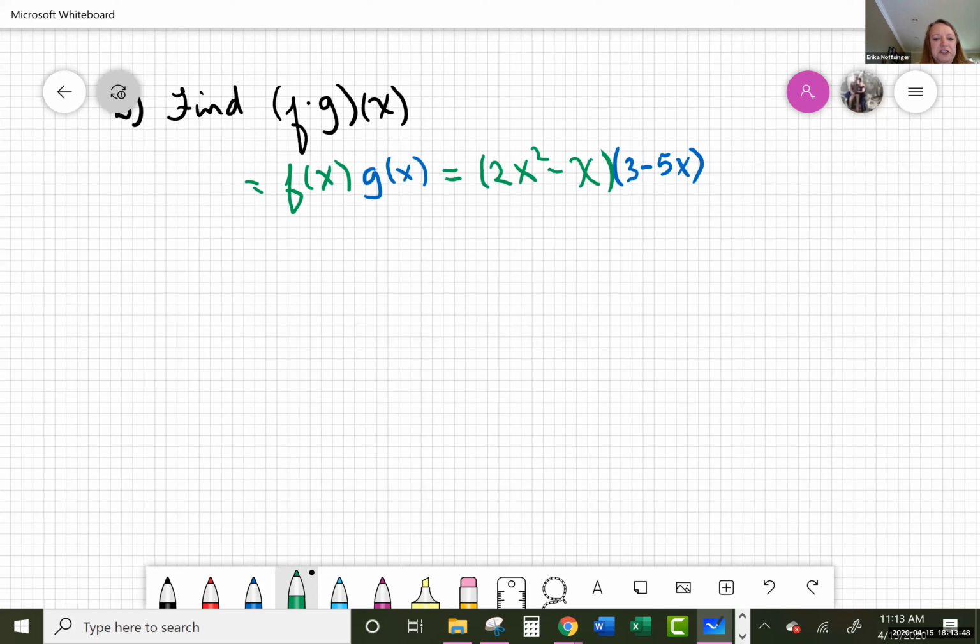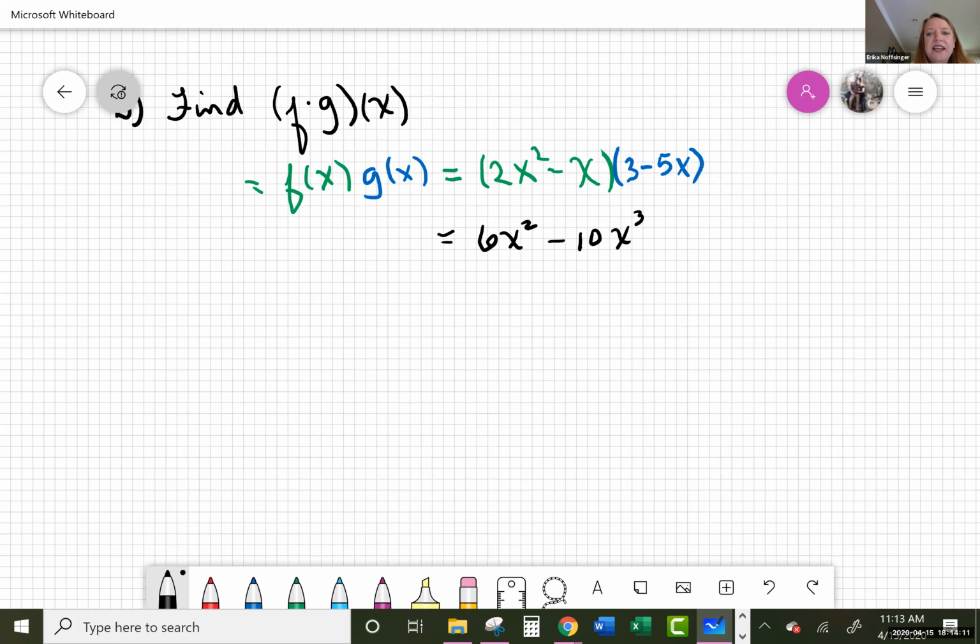Okay, so just distribute. So this is not too bad. This stuff is just different notation. You might have seen it written before, but it's all stuff that you have been doing. So 2x squared times 3, and so that gives me 6x squared. 2x squared times negative 5x, so that's minus 10x cubed.